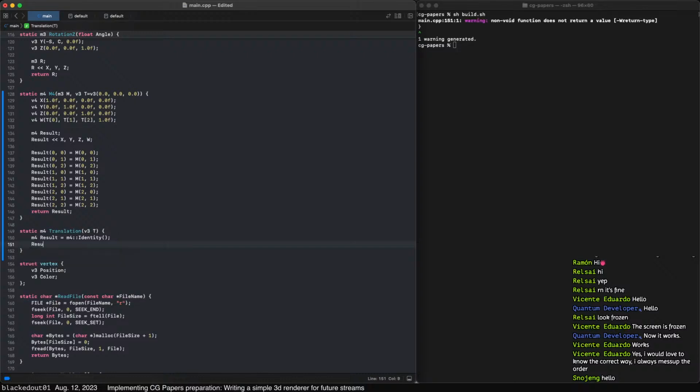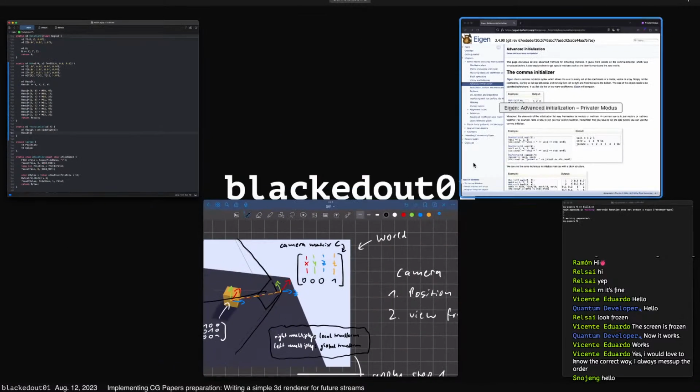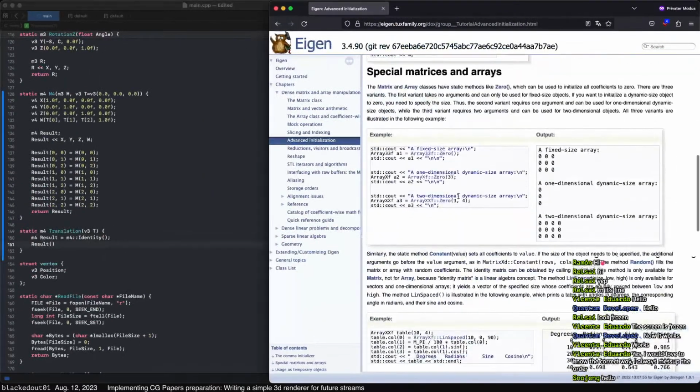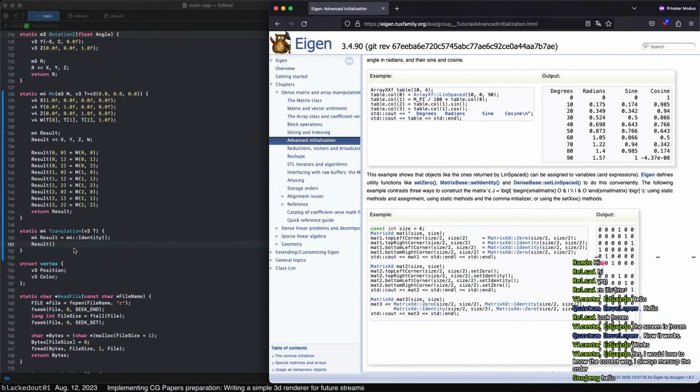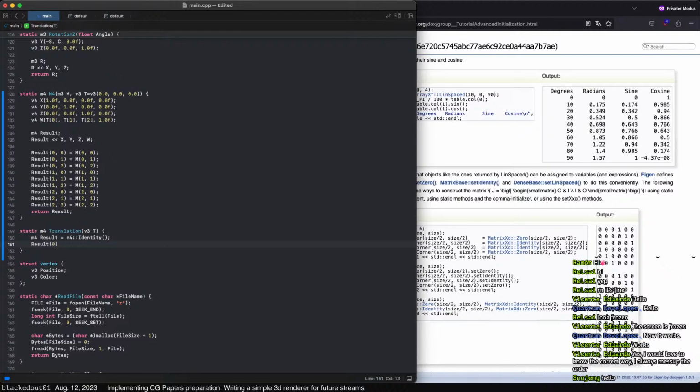And now I just need to set the last vector. So I think this is, I mean, it's probably going to be the row and then the column index.